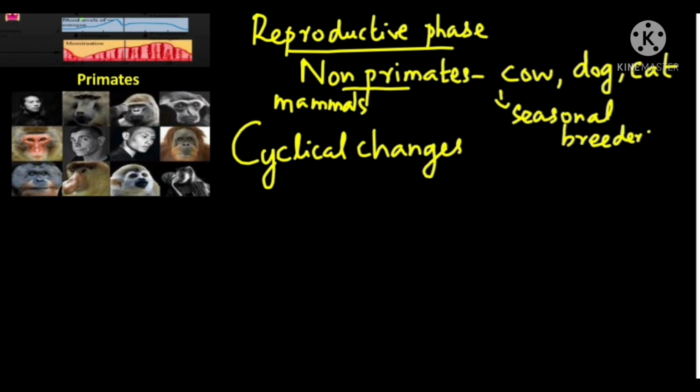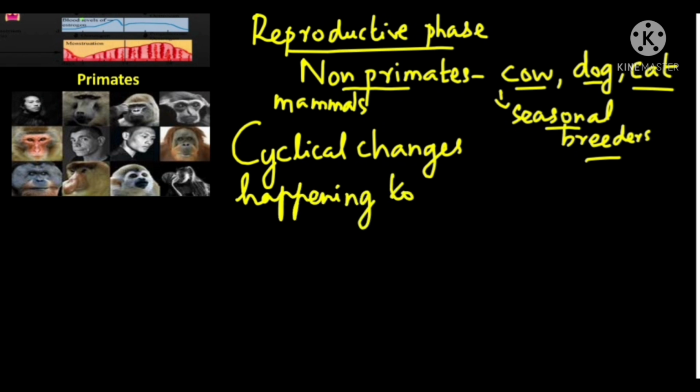And at that time they will produce, dogs means they'll produce a puppy, cow means they'll produce a calf, cat means they'll produce a kitten. So what happens in their reproductive phases? There will be cyclical changes happening to their reproductive organs, that is ovaries, hormones, and the ovarian ducts, the tubes, like in human beings it is called fallopian tube.